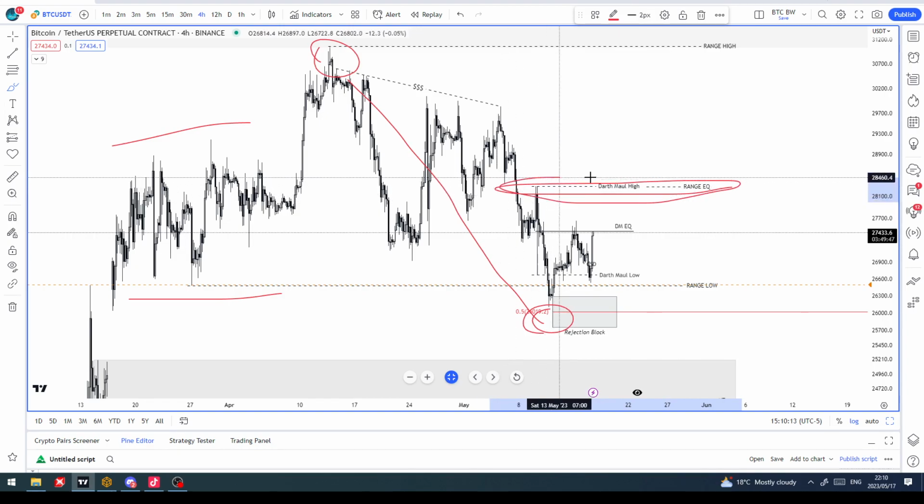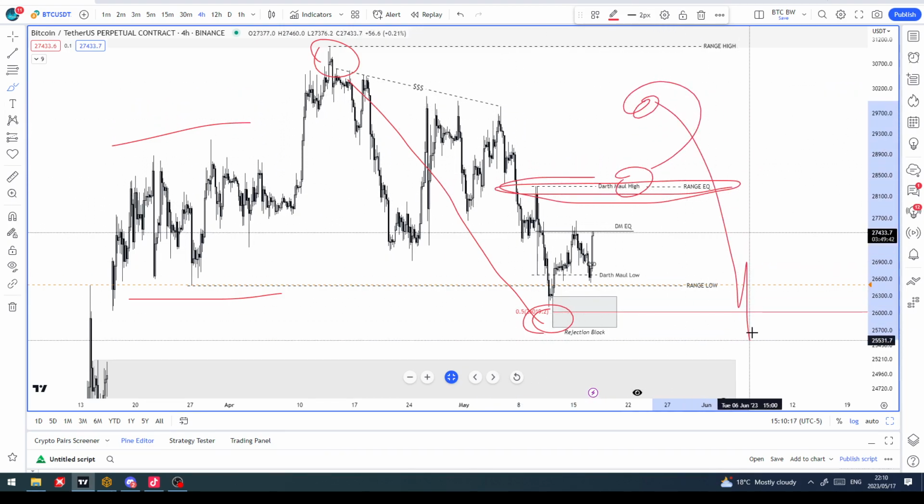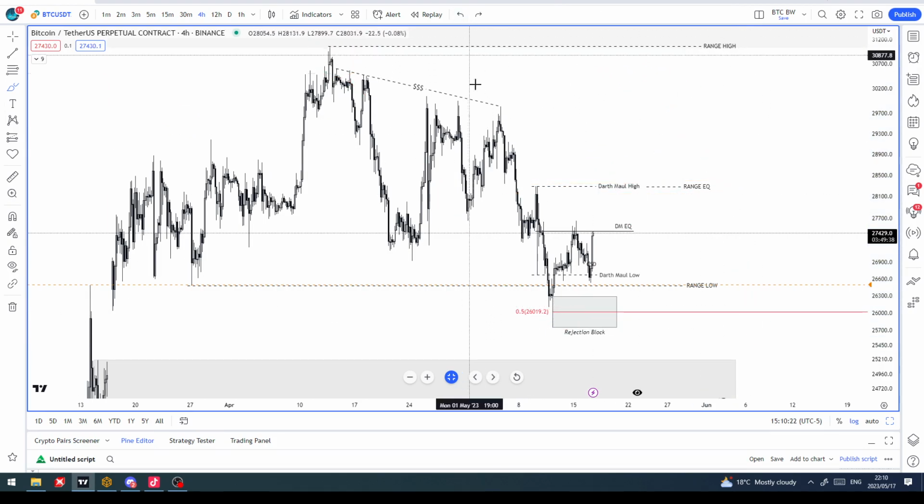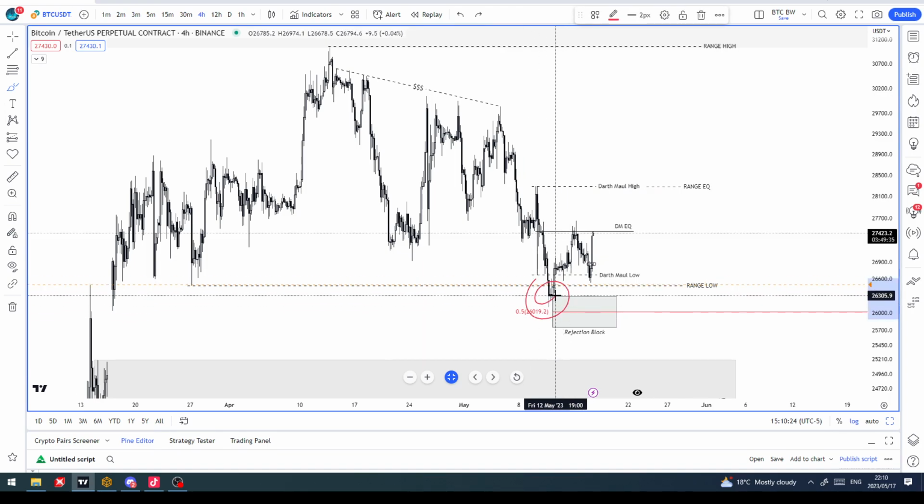I've marked off range equalizer. Anything here and above here would be to short lower. So them taking this solidifies the dealing range idea.